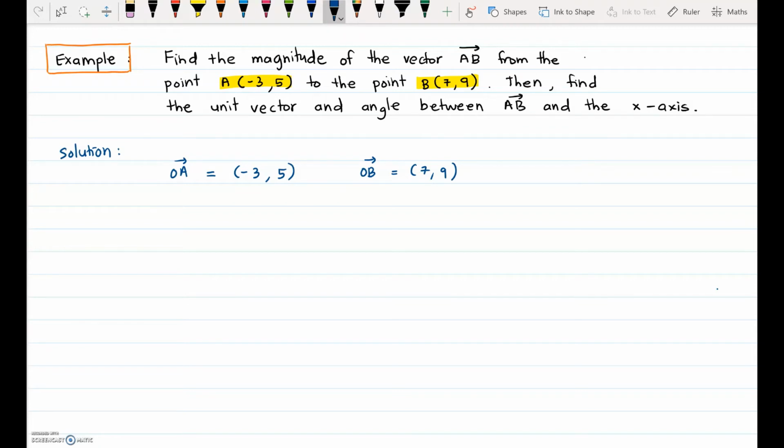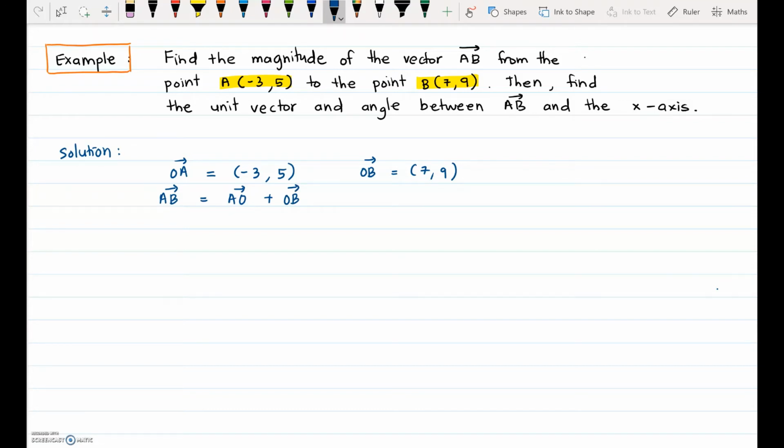Then you want to find the magnitude of vector AB, meaning you have to first find what your vector AB is. To find the vector AB, the formula is AO plus OB.